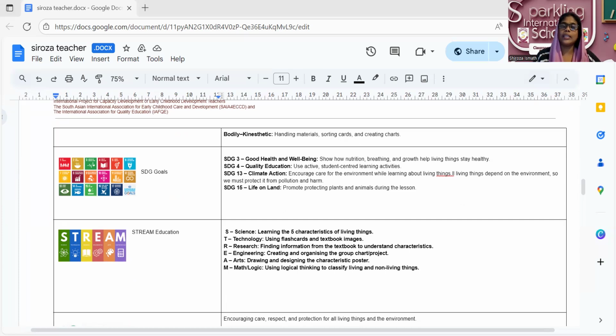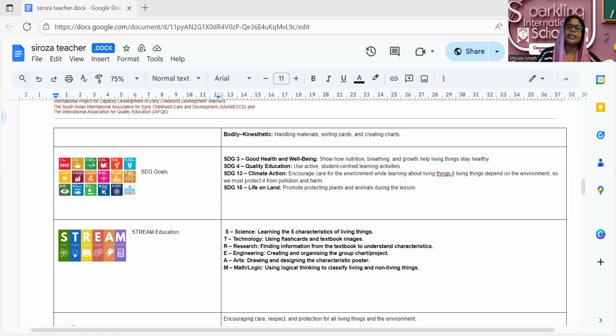Now let's see how my lesson plan connects with the SDGs. SDG 3, good health and well-being: understanding how nutrition, breathing, and growth help living things stay healthy. SDG 4, quality education: this lesson is student-centered, meaning an active learning method that improves understanding.